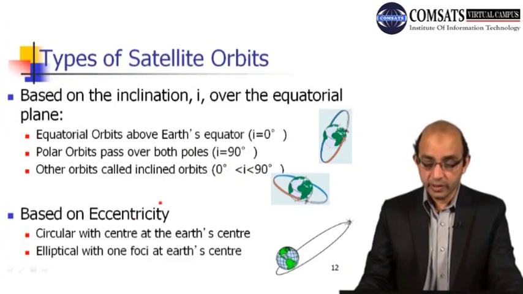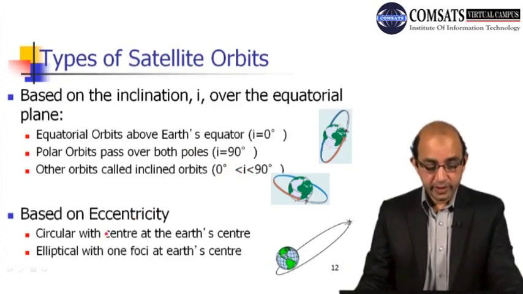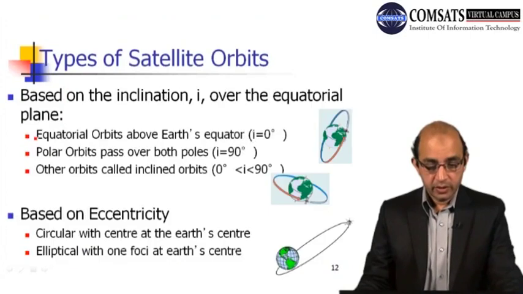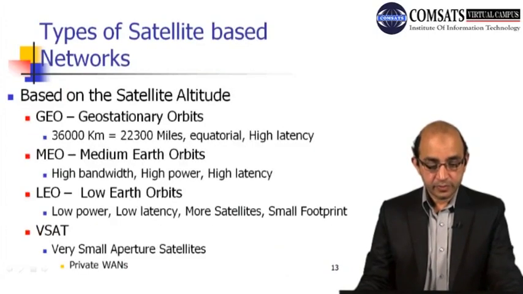We have shown it graphically. Based on eccentricity, circular has its center at Earth's center, and elliptical has one focus at Earth's center. So here we have another configuration of one of the types of satellite orbit.